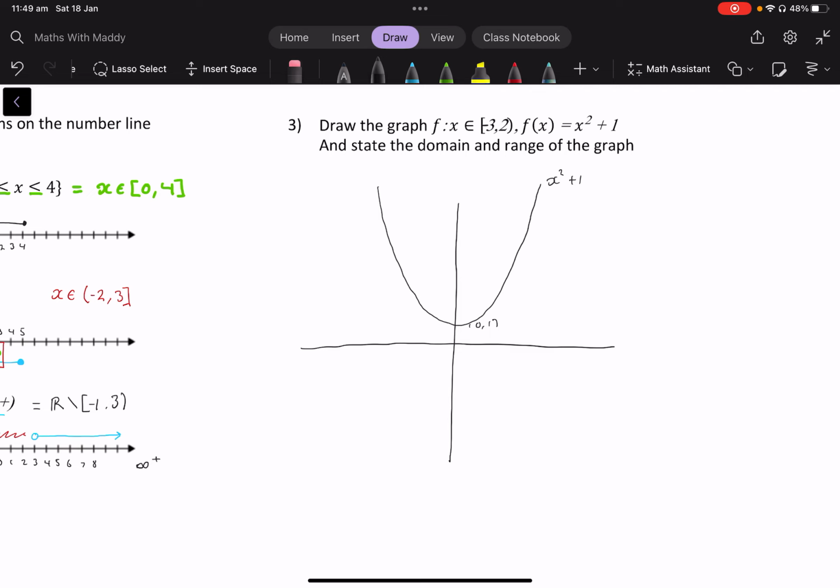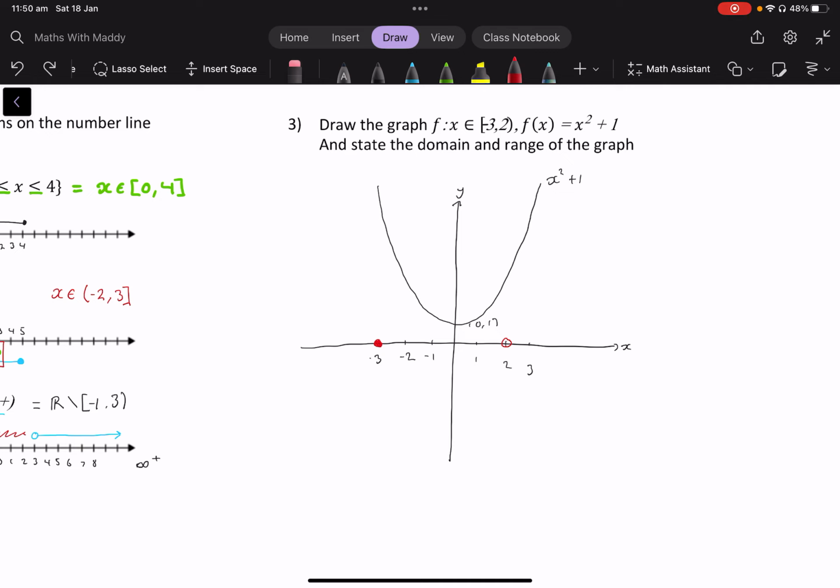But now we need to consider the domain. So we're saying that if we go from -3, -2, -1, 1, 2, 3, what we're looking at is an excluding here and an including here. So you can see we can relate this to a number line, because as you can see, this looks like our common number line. However, now we're looking at the graph.